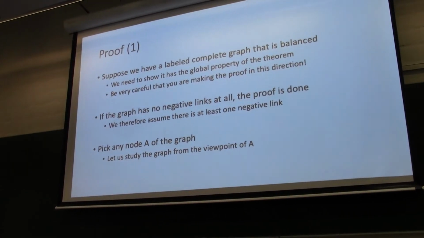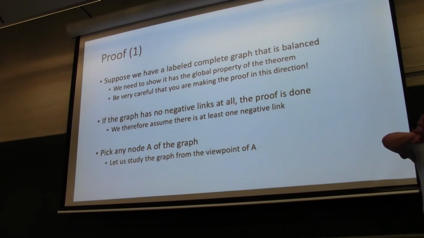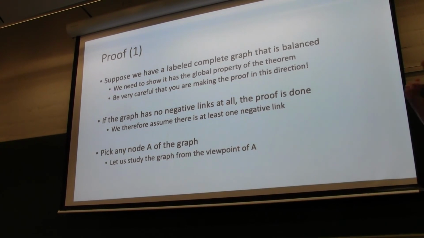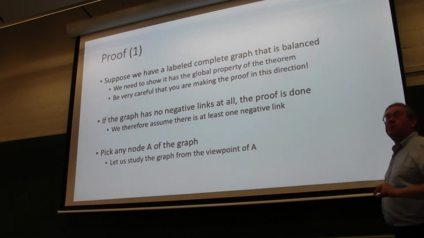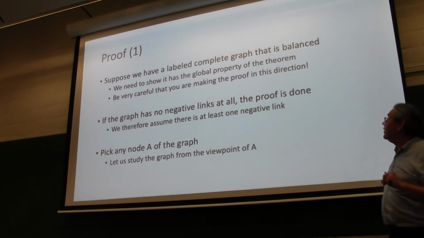We have to show that it has the global property of the theorem. That means two groups of friends who are enemies between them. That is the direction. In previous years, I always find people who try to prove the other direction. Don't confuse the directions, okay? We do it in this direction, which is the hard direction.